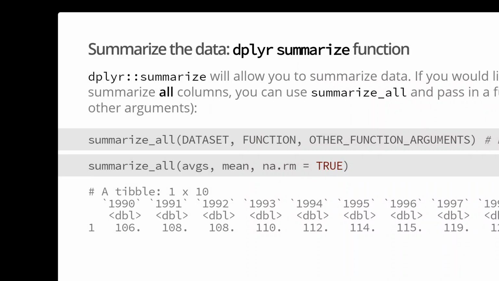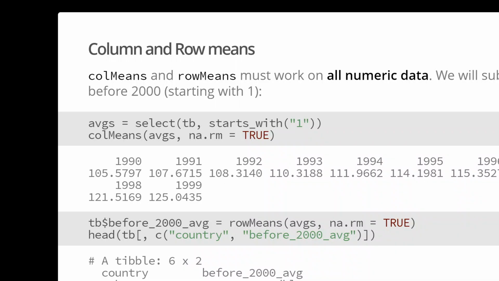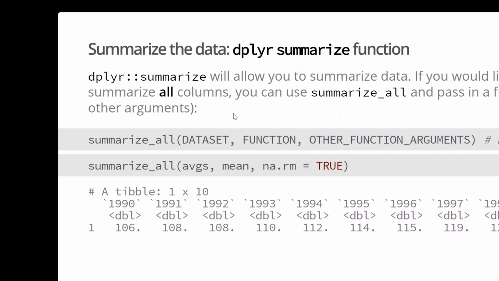And so instead of just summarize, there's an equivalent, summarize all. This has a slightly different syntax. It's data set, function, other function arguments. And so this is, again, a very similar output where I'll say summarize all. If I have this already existing averages, which again was only those years that start with a 1, I want to take this tibble, take the mean, and then other arguments involve na.rm equals true.